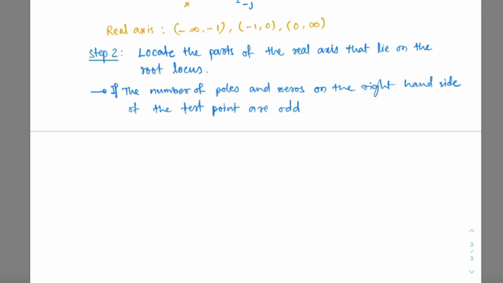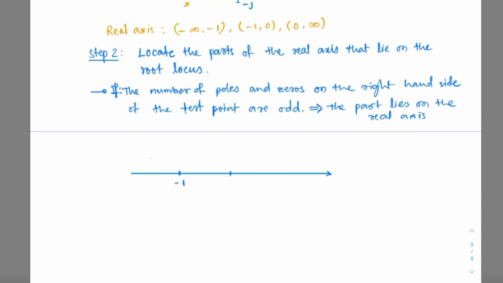So if this condition is satisfied, then the part lies on the root locus. So let's just draw the real axis one more time. This was minus 1. So this is the first part, this is the second part, and this is the third part.